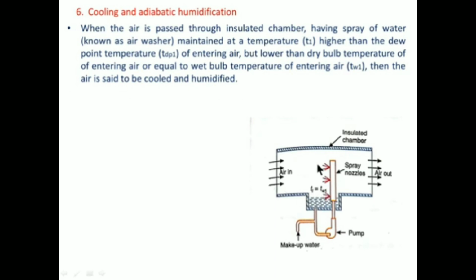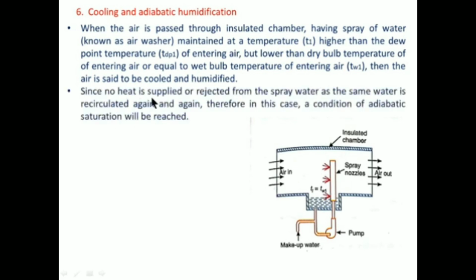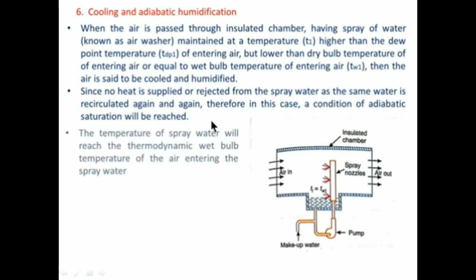So air enters and then it leaves after passing over the spray nozzles. Since no heat is supplied or rejected from the spray water, as the same water is recirculated again and again, therefore in this case a condition of adiabatic saturation will be reached. The temperature of the spray water will reach the thermodynamic wet bulb temperature of the air entering the spray water.